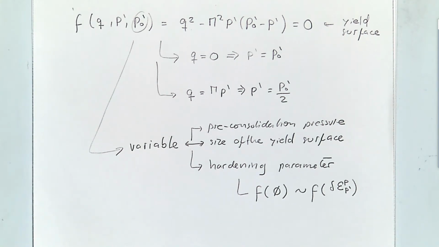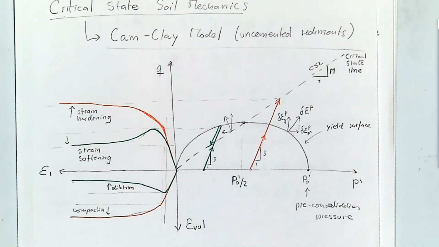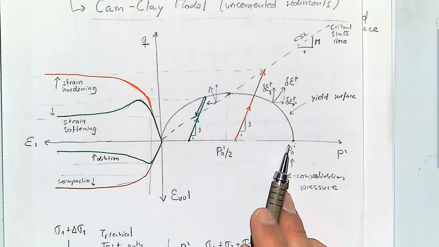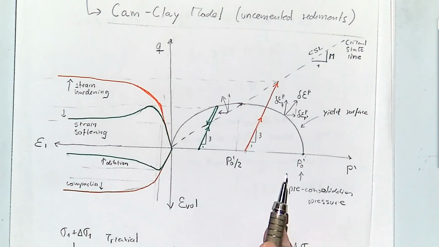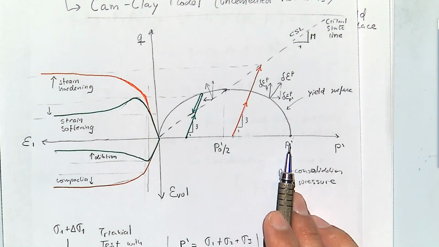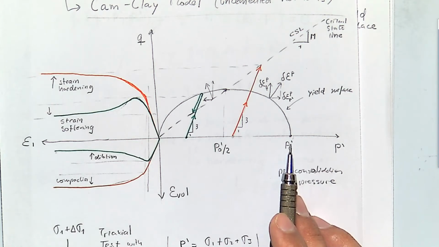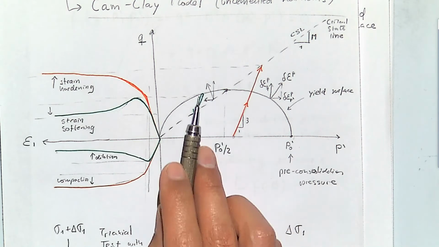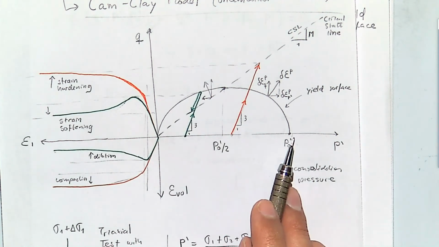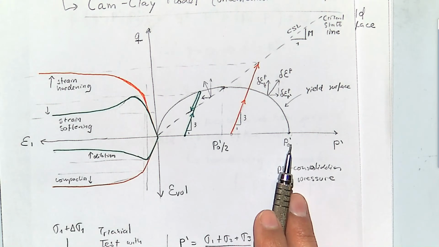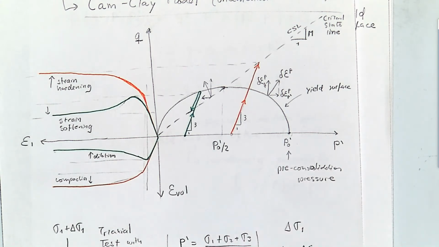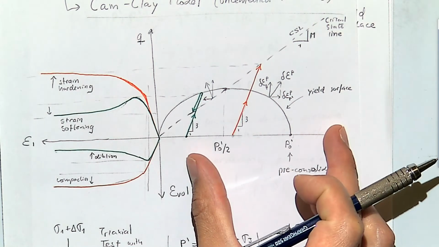I hope you can see now that the size of this ellipse is the preconsolidation pressure, but this also depends on porosity. The larger the porosity, the weaker the material is going to be, and the smaller this ellipse is going to be. The higher the preconsolidation pressure, the more compact, the stiffer, and the stronger the material is going to be, and this is going to be larger.